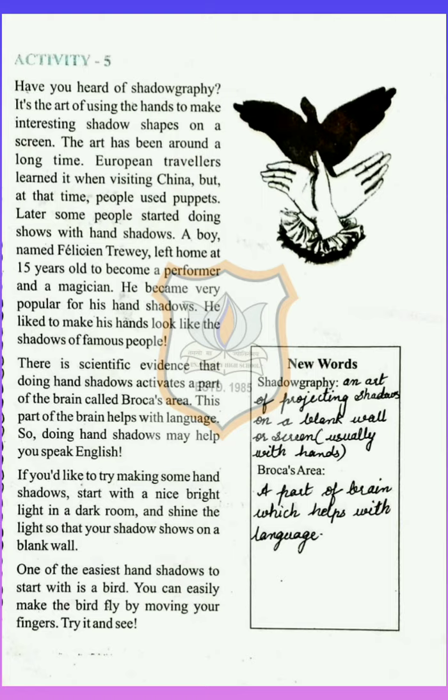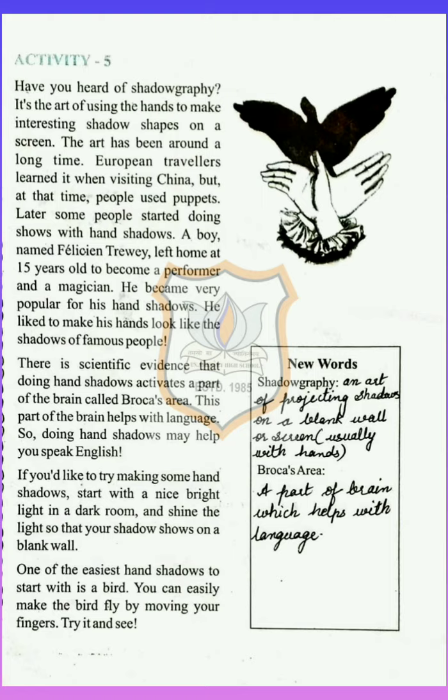Try it and see. So dear children, the summary of this activity is: shadowgraphy is the art of using hands to make shadow shapes on a screen or a blank wall. European travelers learned it when they visited China, but at that time people used puppets. Later some people started doing shows with hand shadows.